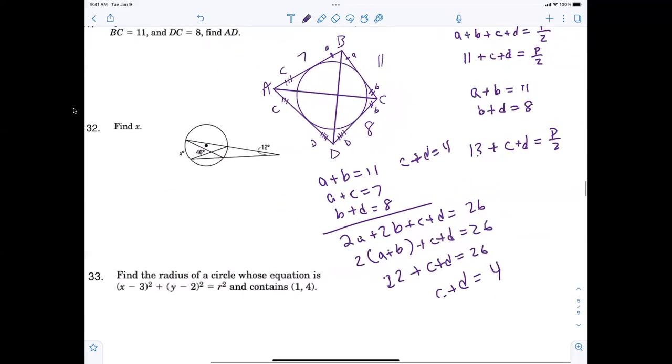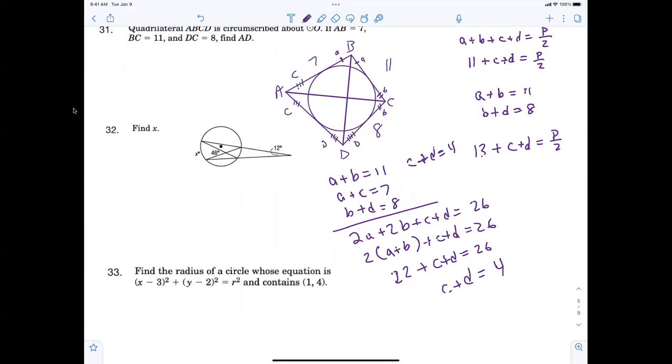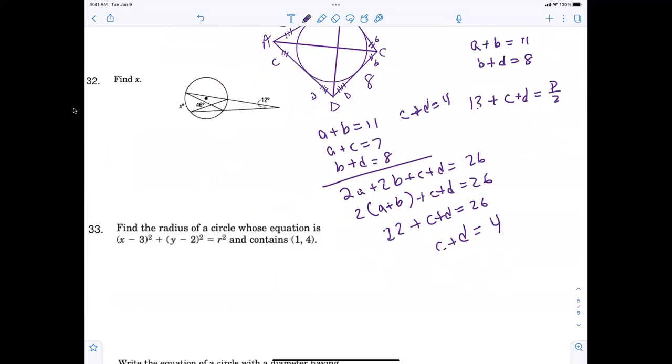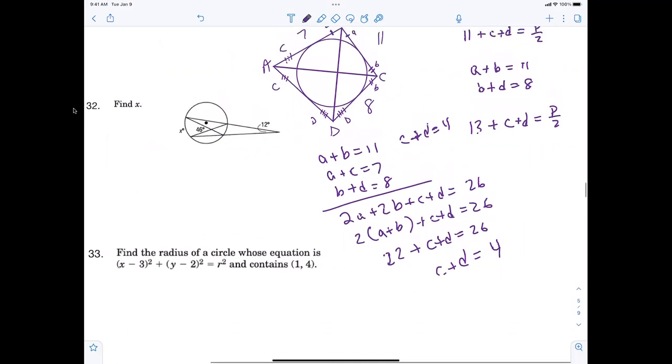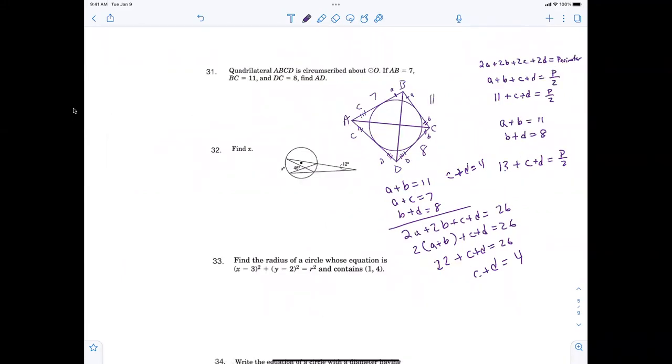C plus D has to equal 4. All right, I'm not sure. We'll figure it out in a minute. All right, but I think we should keep going.